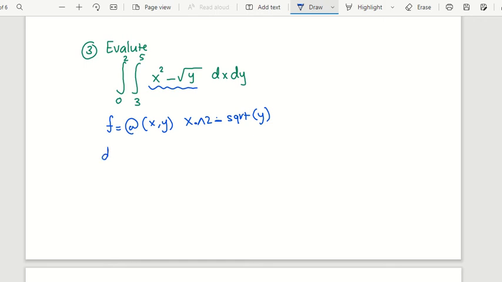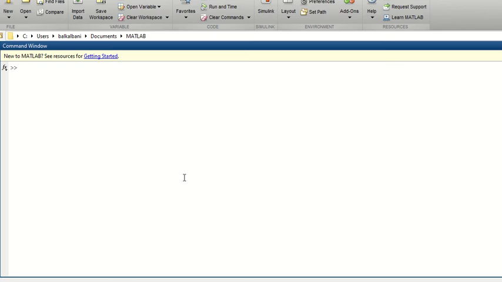So now we will find the double integral of f, where x will be from 3 to 5 and y will be from 0 to 2. So let's write it in MATLAB. F is equal to at the rate of x comma y.